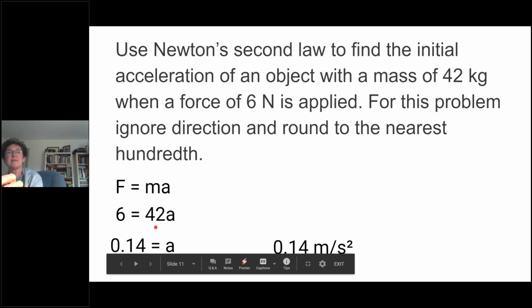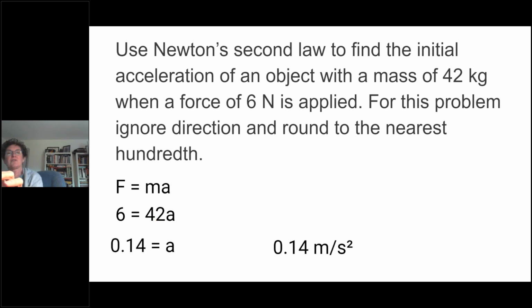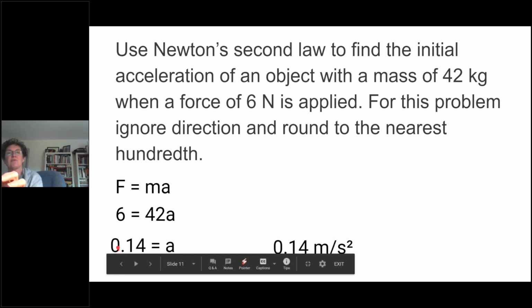Now, be careful, even though this seems unusual, that we're going to divide a smaller number by a greater number. That is what the math is telling us to do right here. So it's helpful to realize that acceleration can frequently be less than 1.